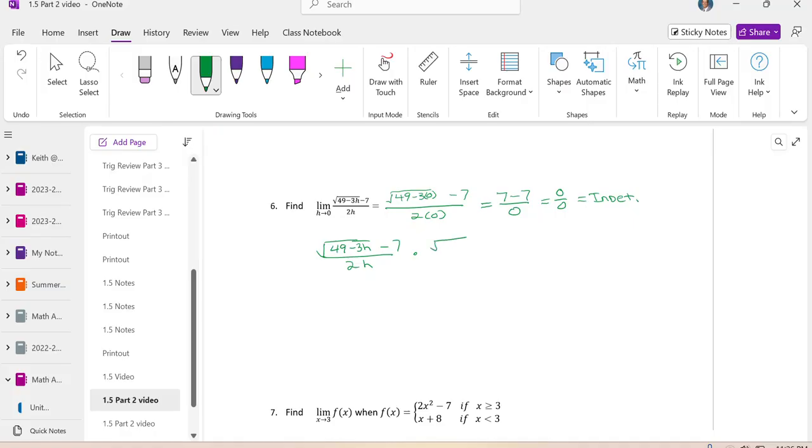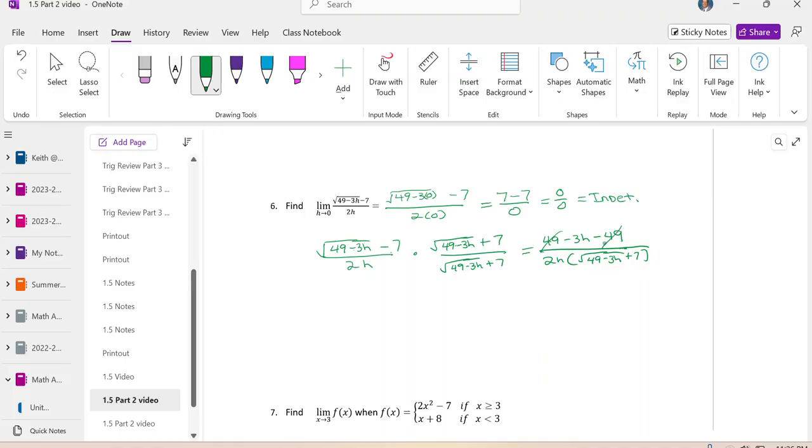So multiply by the conjugate, the square root of 49 minus 3h plus 7. So when we multiply here, square root times square root removes the square root sign. And then negative 7 and positive 7 is minus 49 all over 2h times the square root of 49 minus 3h plus 7.